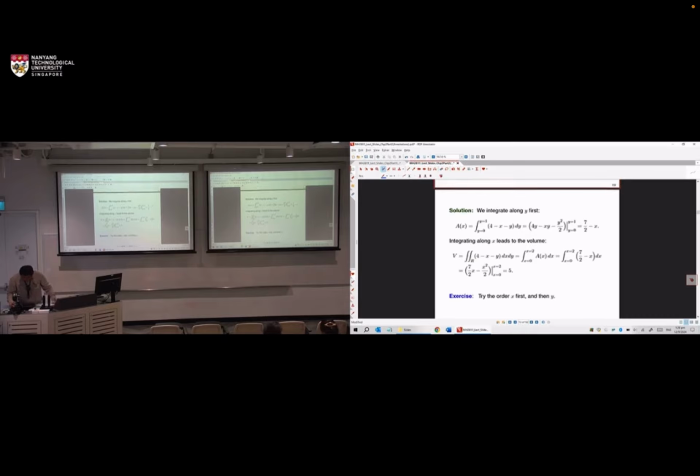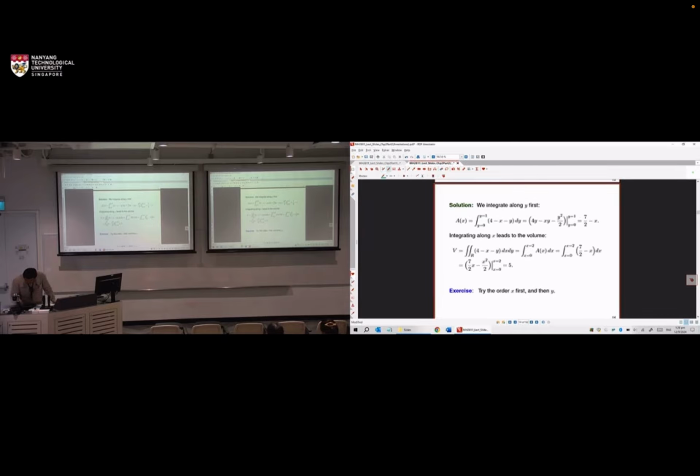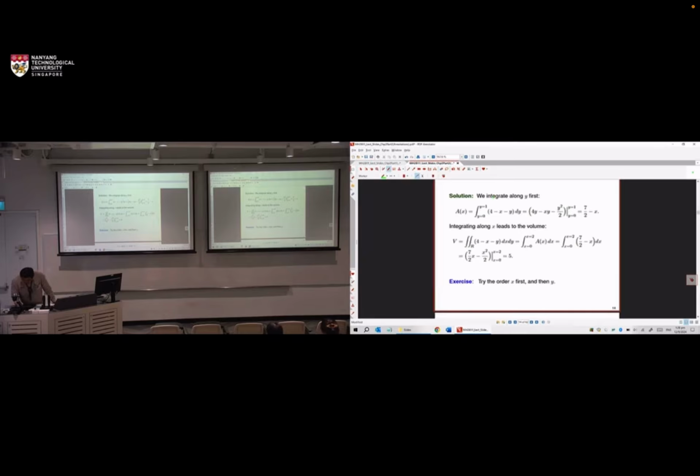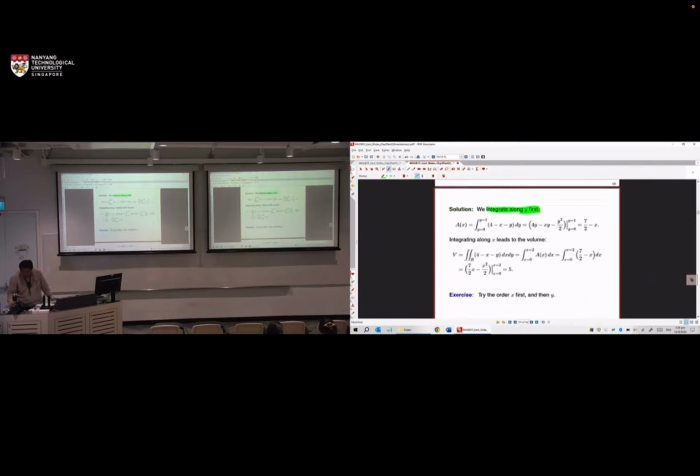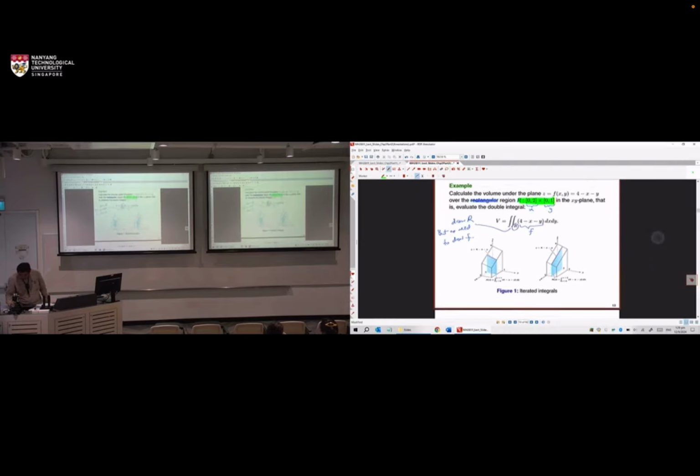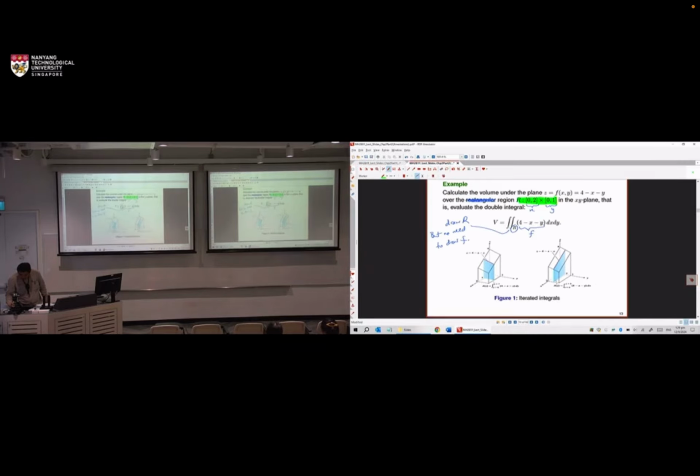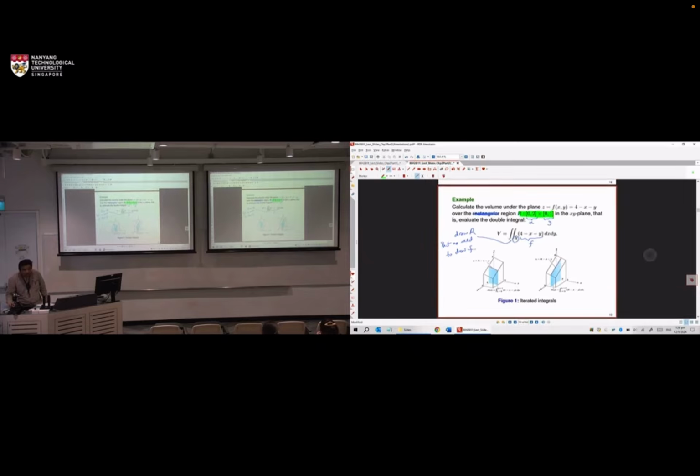So imagine we want to integrate along y first. Now, MCQ: if I integrate along y first, which picture is correct? Integrating along y first means your x is a constant.